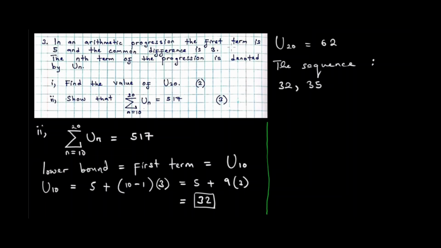Because 3 is the common difference. And we know that in an arithmetic progression we add the common difference to a term to get the next term. So it's 32, 35, 38, and so forth, reaching 62. So this 32 is the 10th term, but we looked at the summation, and it is going to be our first term.